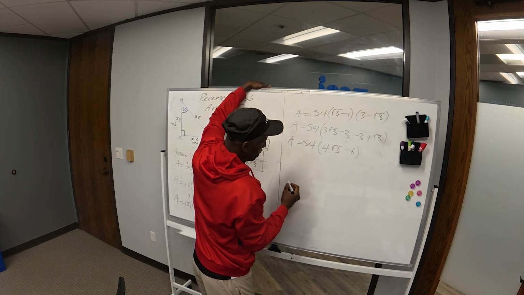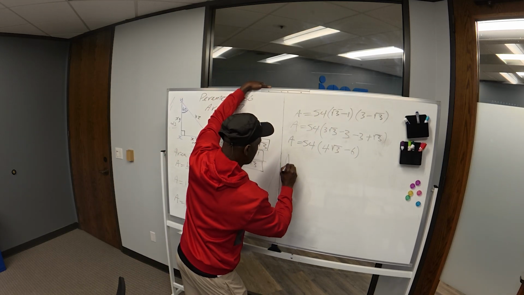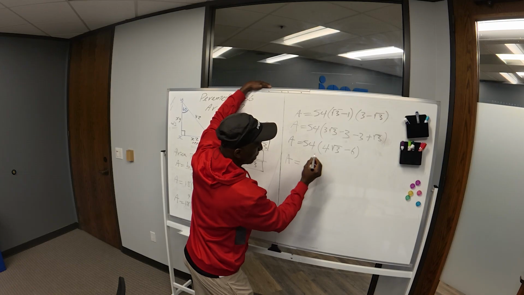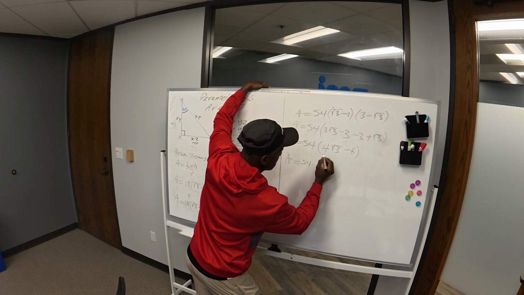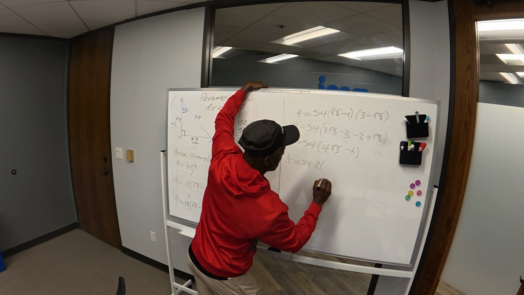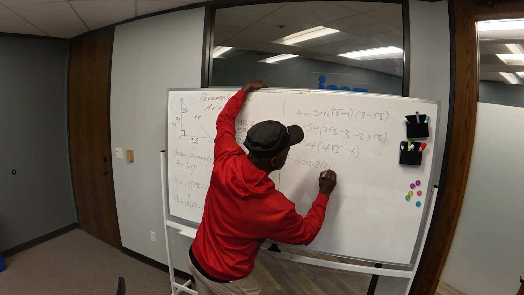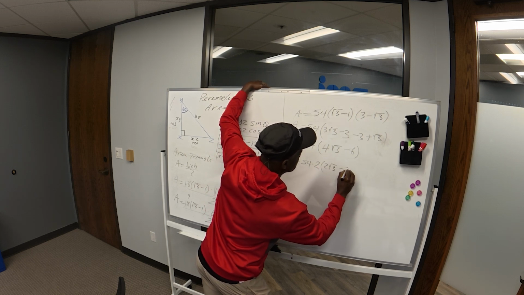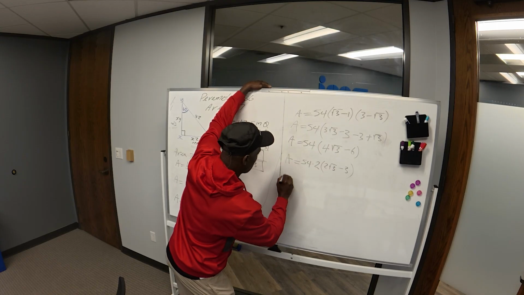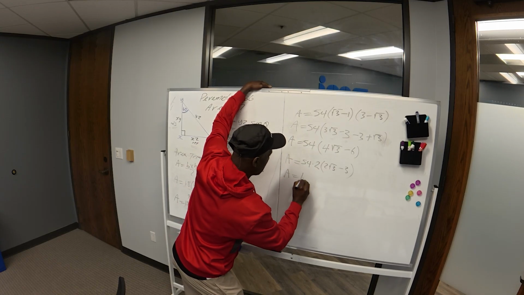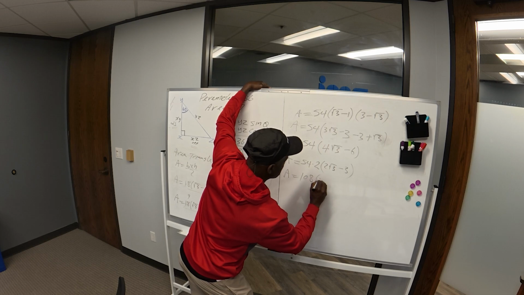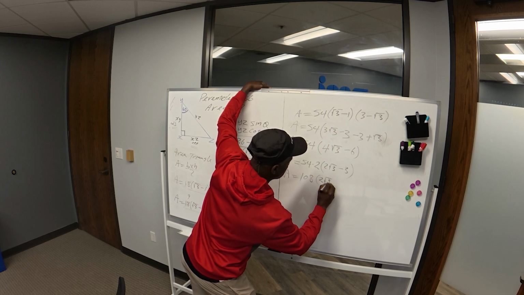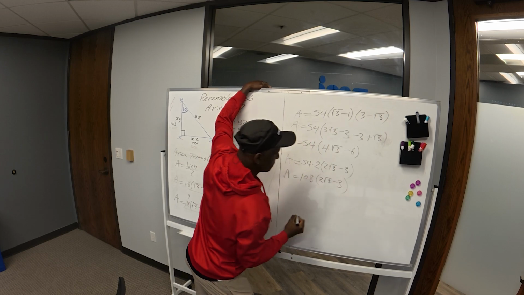So we can also go as far as saying A is now equal to 54 dot, let's say 2, outside of 2 square root of 3 minus 3. So that now becomes A is equal to 108 outside of 2 square root of 3 minus 3.